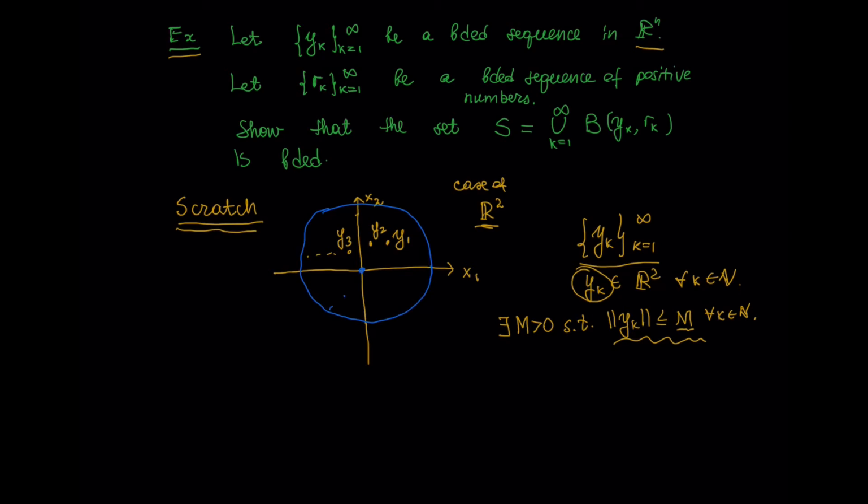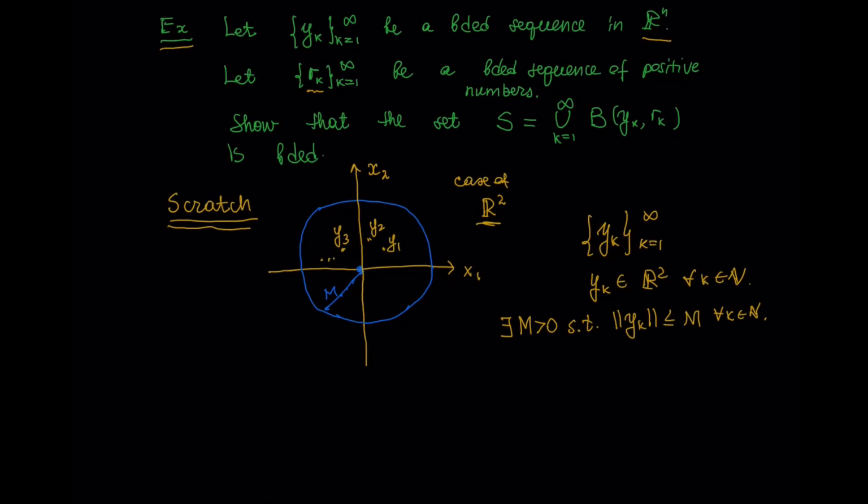All of these points, y1, y2, y3, and so on, are inside of this big circle. So let us denote this disk centered at 0 of radius m as B(0,m).